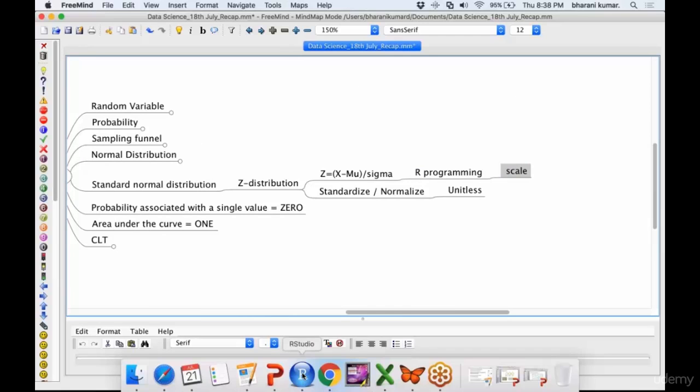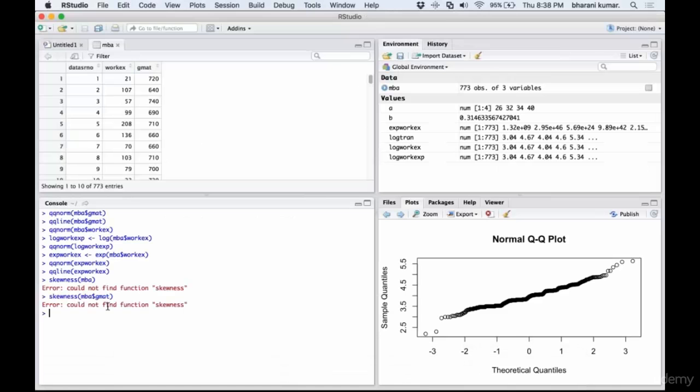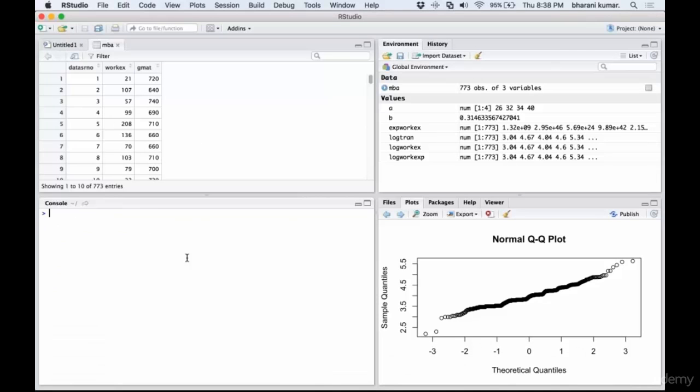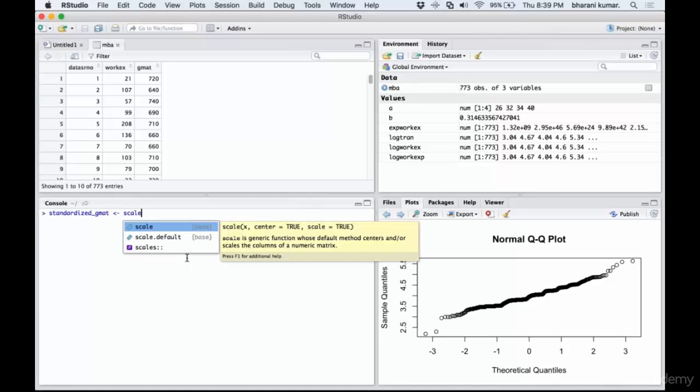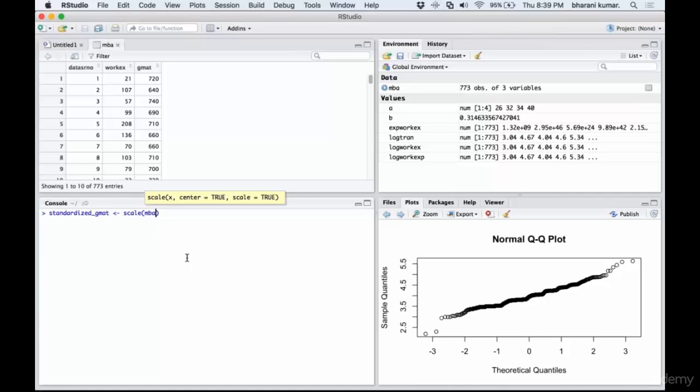For example, say I have work experience or GMAT and I want to standardize that. One way is to manually do that, but we would never manually do that, right? So I would say standardized GMAT value. Just need to use this function called scale. Scale of MBA$GMAT. Why MBA$GMAT?